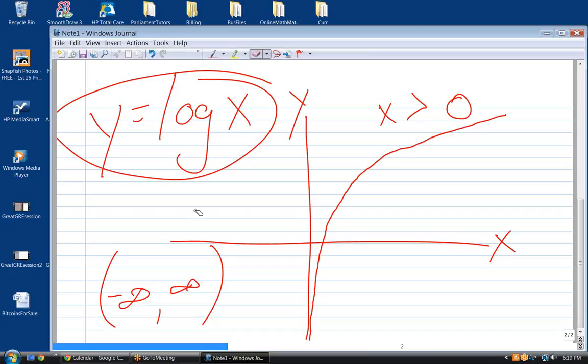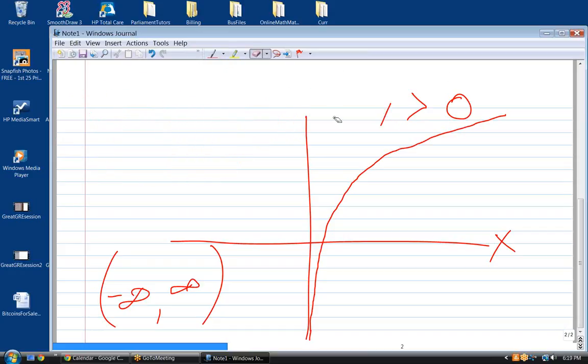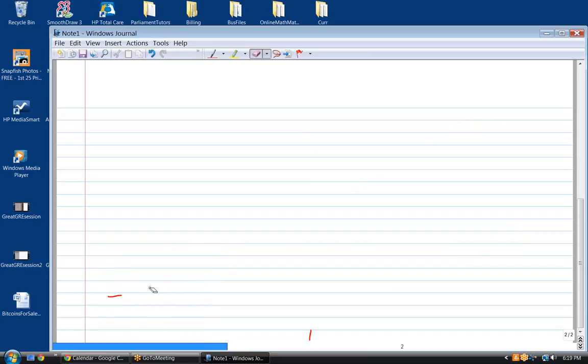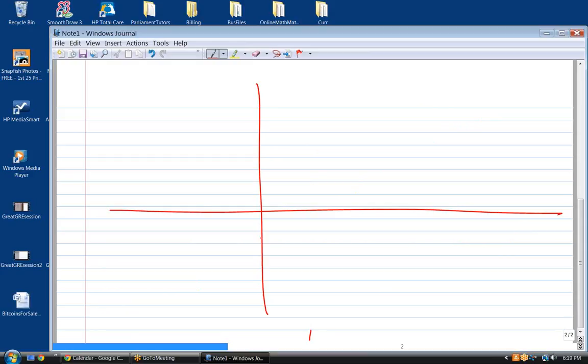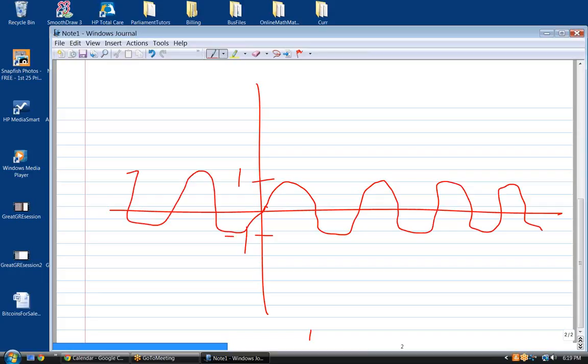Okay, let me give you another example. What's the domain of this function? This is y equals sine x.